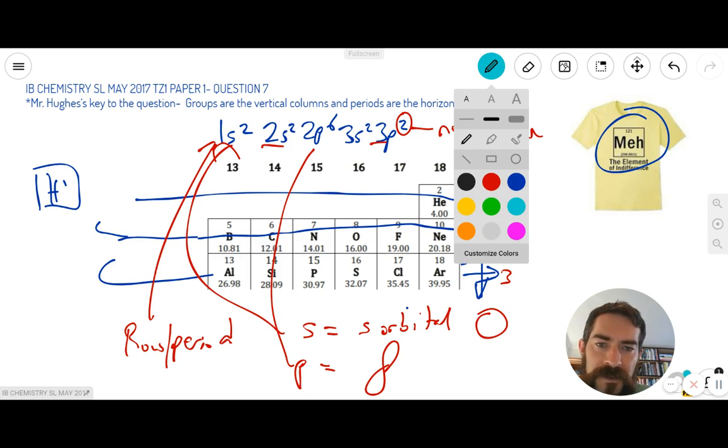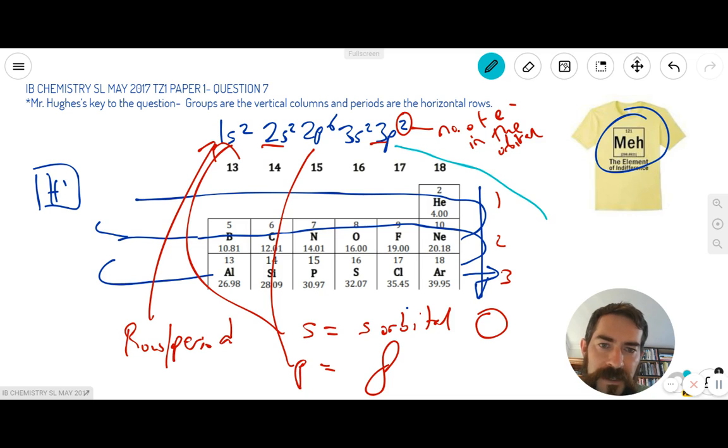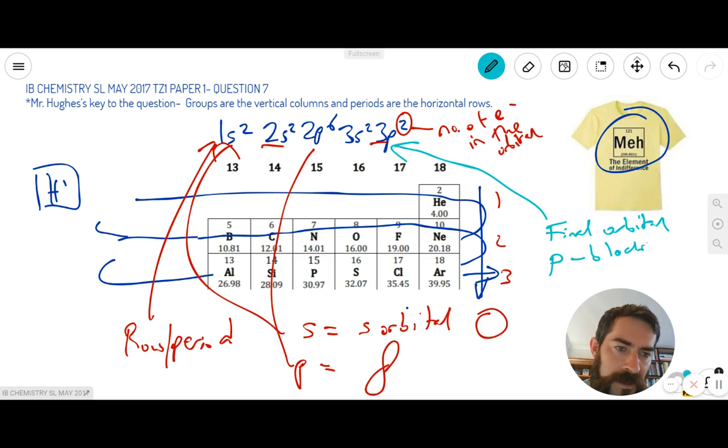So if the final orbital that is filled is a p orbital, then you can say this is going to be a p block element. Now, the p block of the periodic table is this block that I've just identified right here, excluding helium.